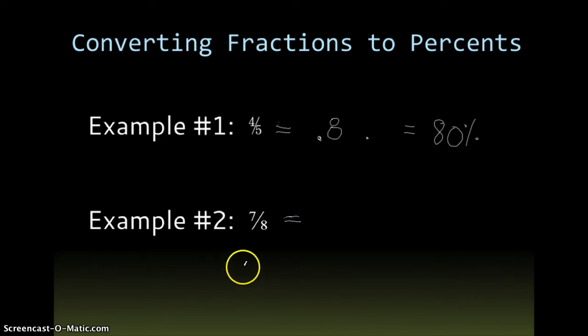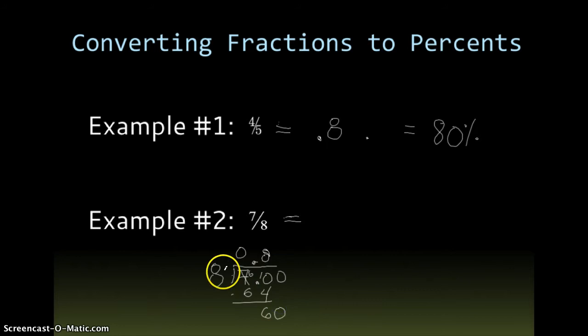If we have 7/8, I don't know what that is as a decimal, so I'm going to have to divide. So we put the 7 in the house, put our decimal. 8 does not go into 7. 8 goes into 70 8 times, and that's 64. Okay, we subtract, we borrow. 10 minus 4 is 6.